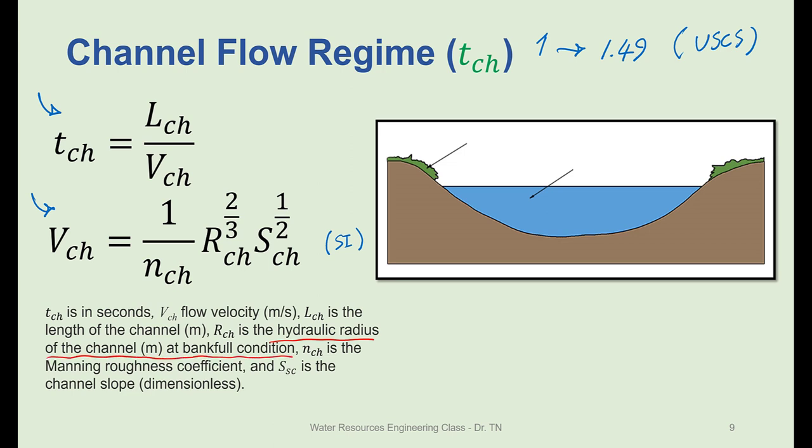This condition that we have over here is bank full condition, and these two over here are the channel banks. Okay, now how do you define hydraulic radius? R is defined as cross-sectional area of the bank full condition divided by P, which is wetted perimeter. So if I want to show you, the cross-sectional area would be this.